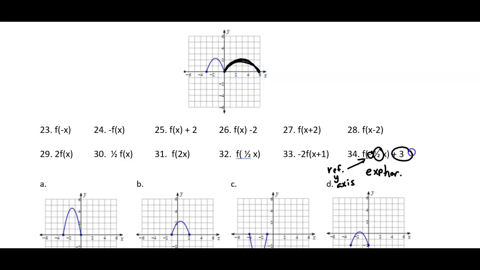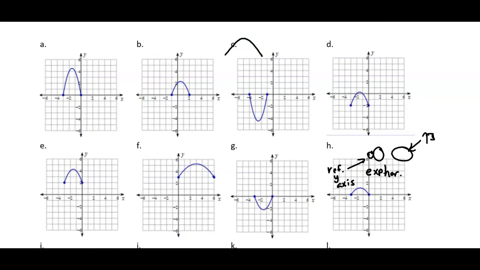And then finally, I'm shifting it up 3 spaces. So we're going up 3 spaces. So if I were to shift that shape up 3 spaces, then it would probably look something like this. All right, so let's go ahead and see if we can find one that is close to that here somewhere. That looks like option F.